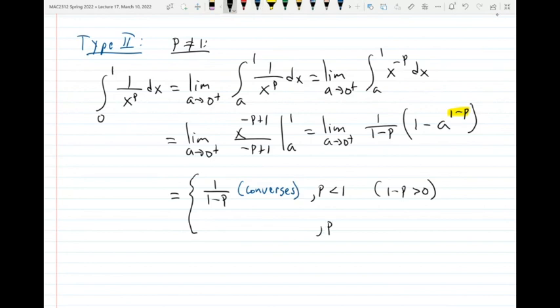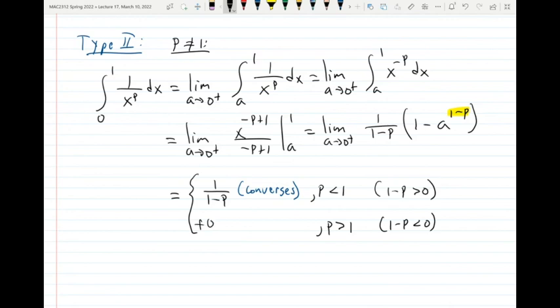And then when p is greater than 1, that will make 1 minus p a negative number. So then this term right here is really 1 over a to the minus that guy, so 1 over a to the p minus 1, if you will. So that bottom will go to 0, so we're going to have 1 over 0, which is infinity. And then this here will be negative infinity, but because this is negative, negative times negative is going to be a positive infinity.